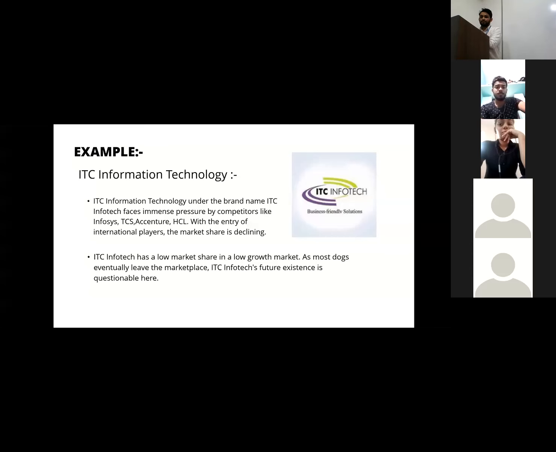ITC Infotech has low market share and low market growth. So at most, stocks eventually leave the marketplace. ITC Infotech's existence is questionable here. That's all. Now I would like to call my friend Vishal for further explanation.